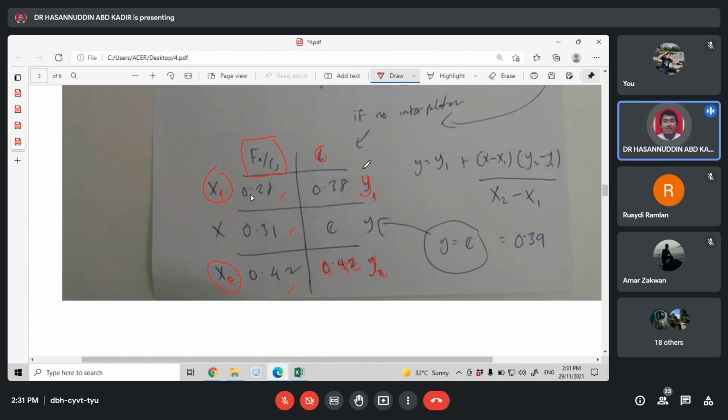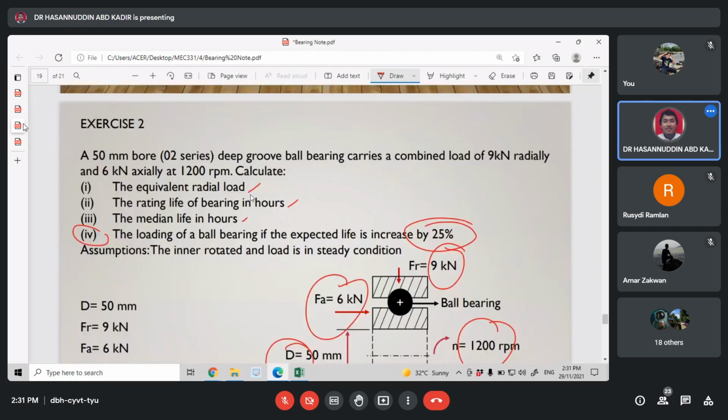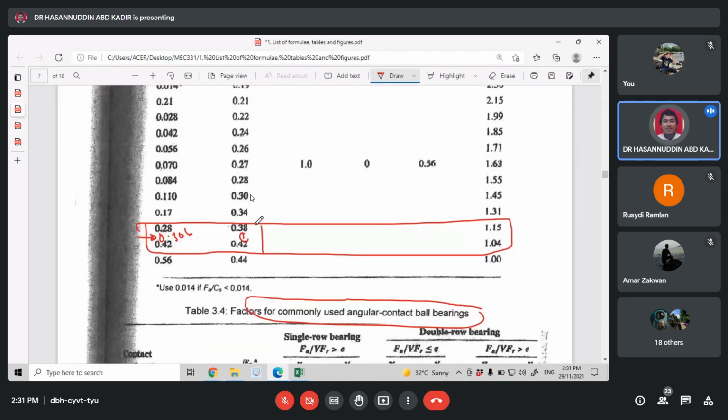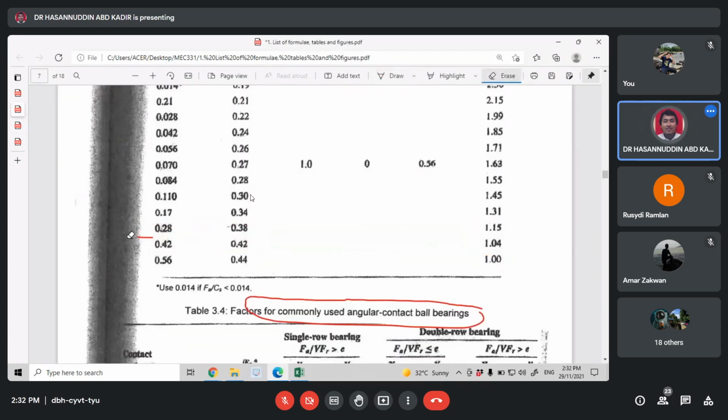We get these from here because we want to do interpolation. Let me mention this part again: we want to get the value in this section. Okay, we do.